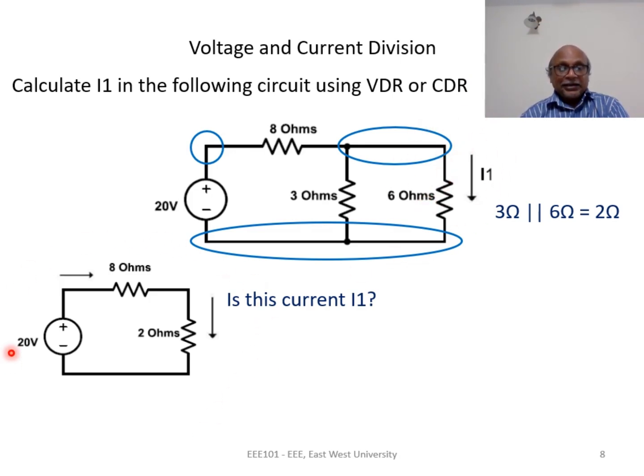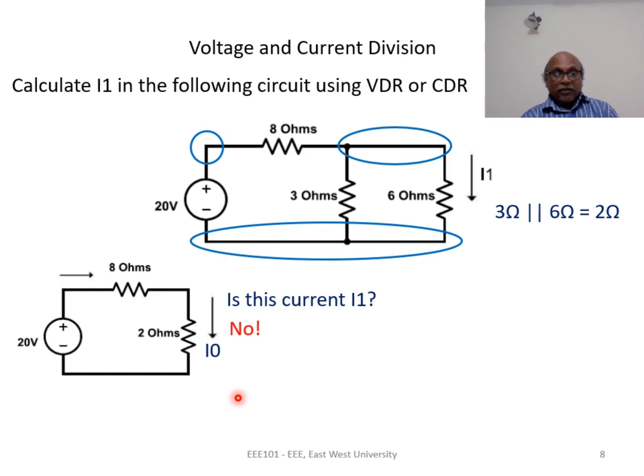So in this circuit, there is no I1 current. The current through equivalent 2 ohms is not I1. This is a different current. This is an important point which you have to understand. Let's give it a different name. We call this current I0.